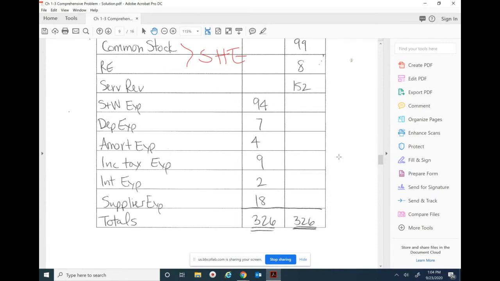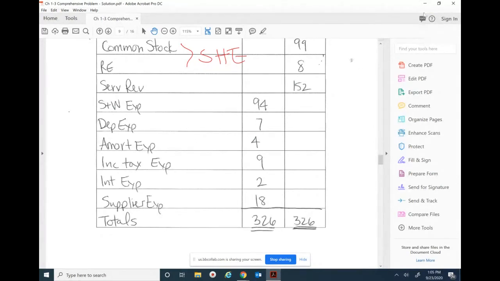We're ready to prepare the statement of retained earnings, the balance sheet, and to close the accounts. So again, this is a comprehensive problem that I really like because it includes every single thing that we have done in the first 4 chapters of the book.